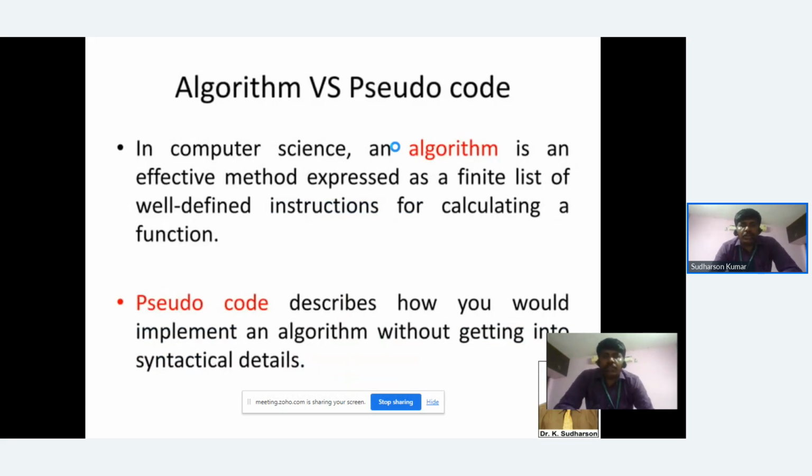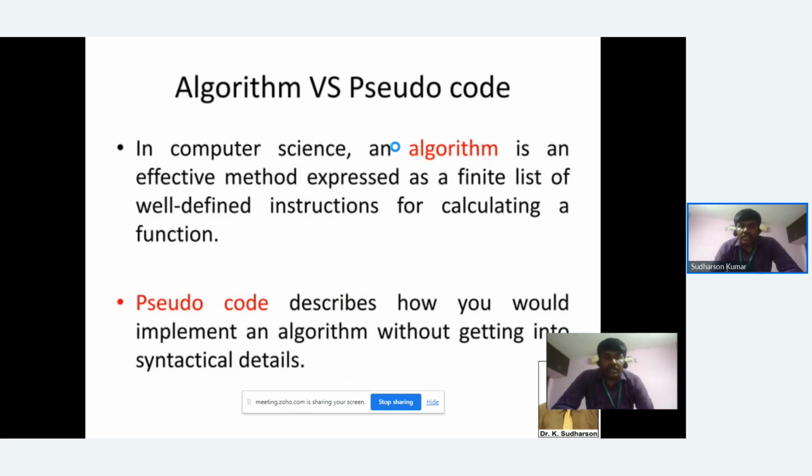Then what is the difference between algorithm and pseudocode? An algorithm is a well-defined step-by-step instruction. But pseudocode is nothing but an implementation of an algorithm without getting into the syntactical details.